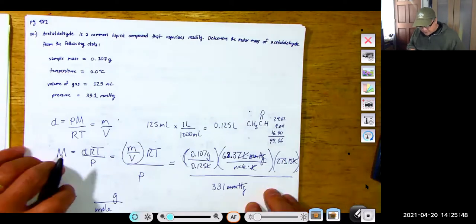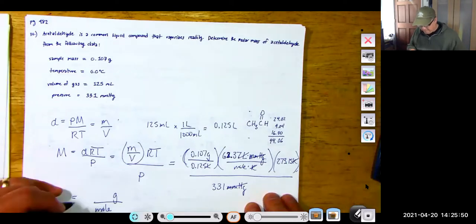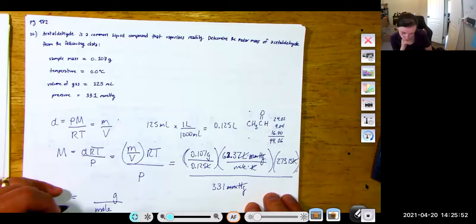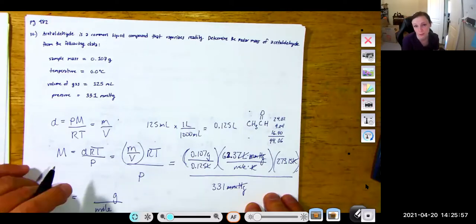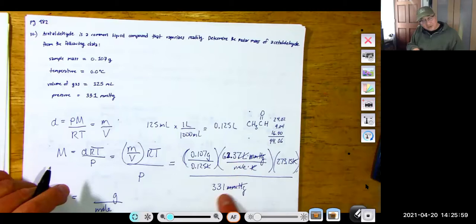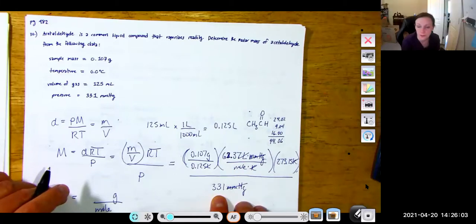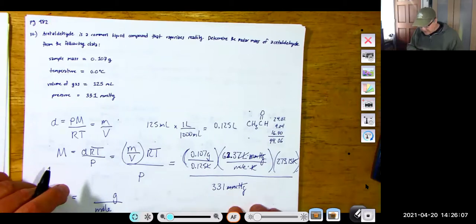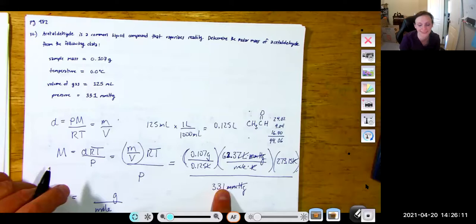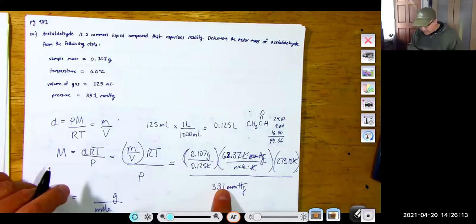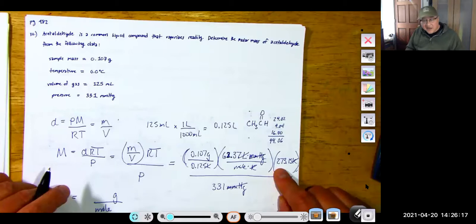How do you want to estimate this one? 62 into 331. How many times does it go into 331? 5 times? Okay, 5, great. Now what do you want to do with the 5 down here? Well, why don't we divide 5 into 273? Why don't we make that 300?